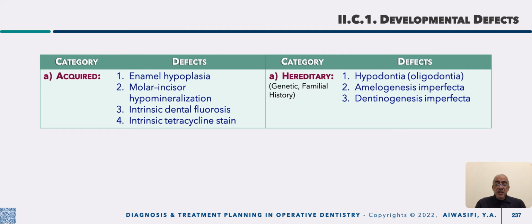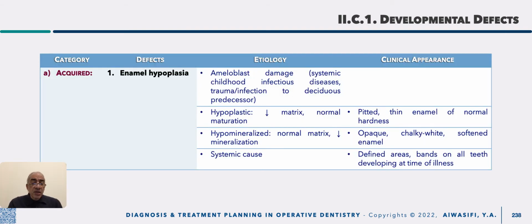Let us start with the acquired ones, starting with enamel hypoplasia. Enamel hypoplasia means that there is damage to the ameloblasts, either due to systemic childhood infectious diseases, trauma, or infection of the deciduous predecessor, that leads to defects or damage of the ameloblasts of the permanent coming teeth.